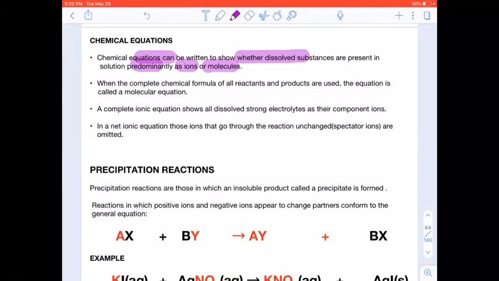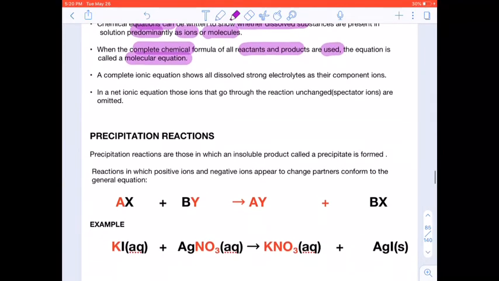And when the complete chemical formula of all reactants and products is used, the equation is called a molecular equation. Right, and a complete ionic equation shows all dissolved strong electrolytes as their component ions.